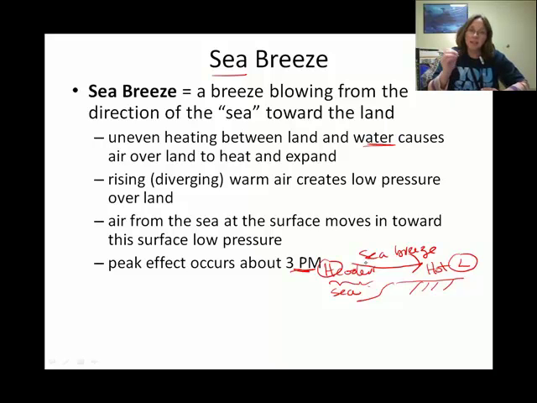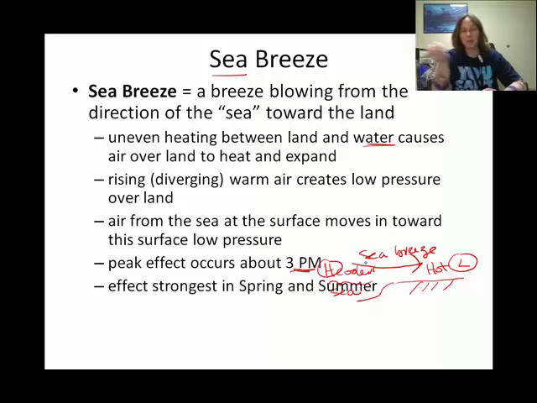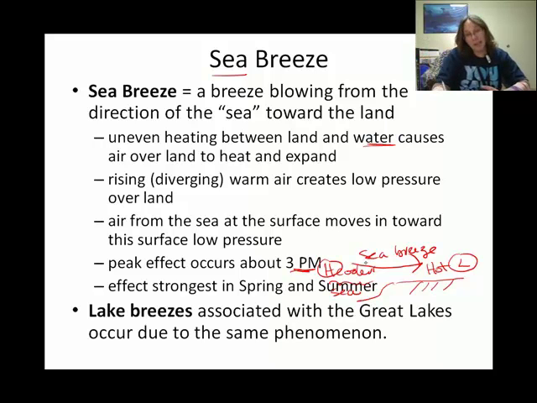But a little closer to home to us, here in the Midwest, is something called a lake breeze. If you've ever visited the windy city, Chicago, you know that the winds can really intensify in the late afternoon, about 3 p.m. And what you're dealing with is not a sea or an ocean, but Lake Michigan, which is just humongous. It's a beautiful thing to see. Lake Michigan tends to stay cooler relative to the city of Chicago.